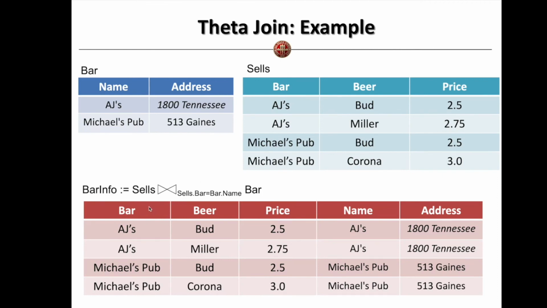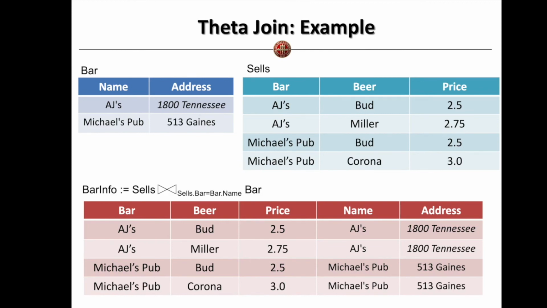The schema will be the combination of all the attributes for bar and sales, right? We have bar, beer, price from the sales table. We have name, address from the bar table, right? And for the data tuples, as we mentioned, if we calculate the product between them, the number of rows will be 8, 2 times 4, right?